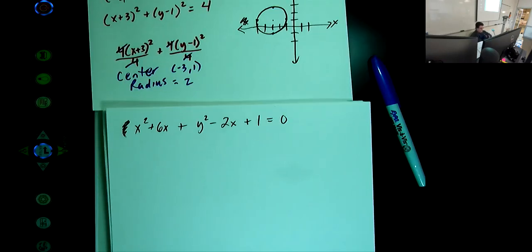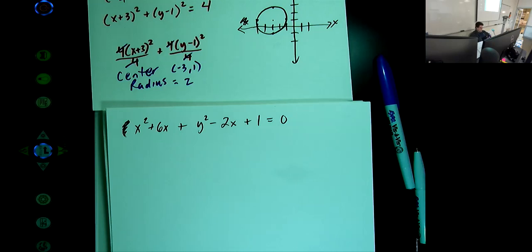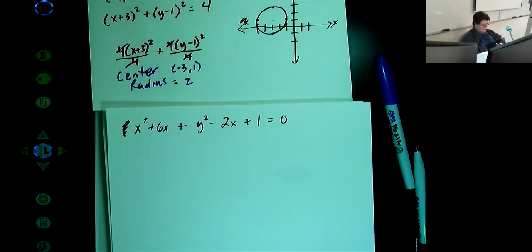Just find it and get it in the right equation so we know what the information is. So remember, we have to complete the square for each of them.